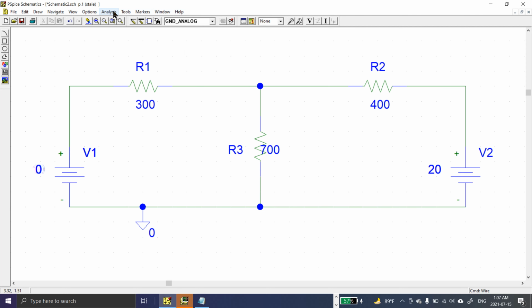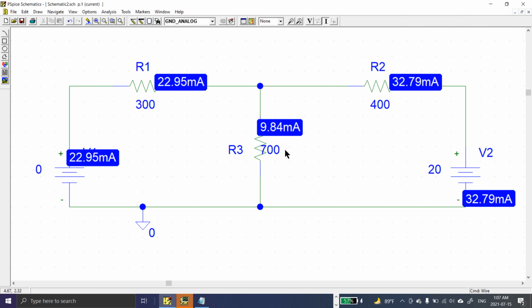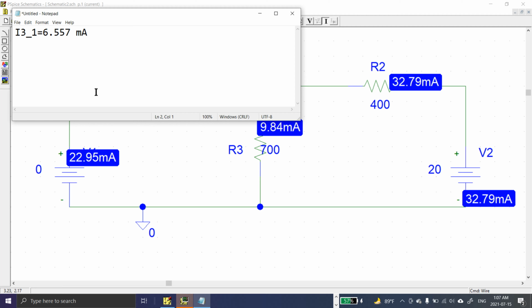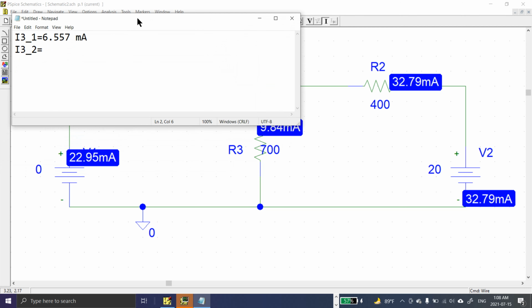So let's simulate this again. Okay, now we see 9.84 milliampere in I3. Let's write it down. I3, the second time, we're getting 9.84 milliampere.